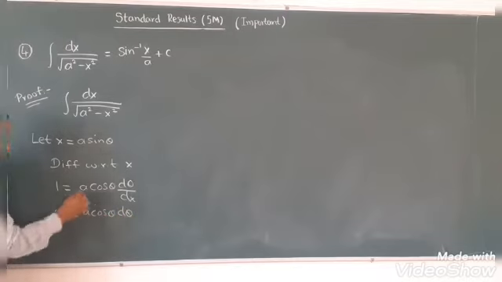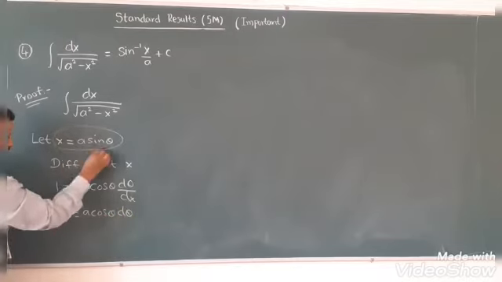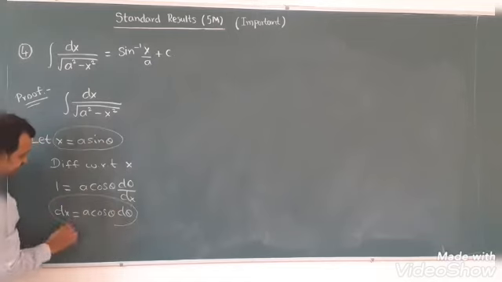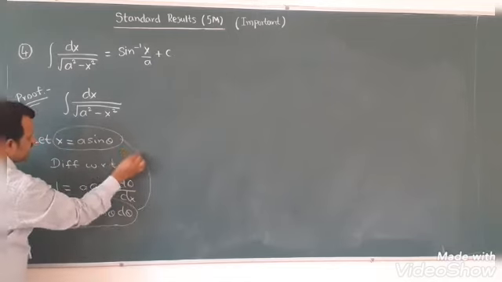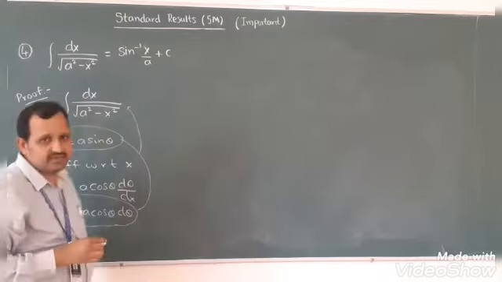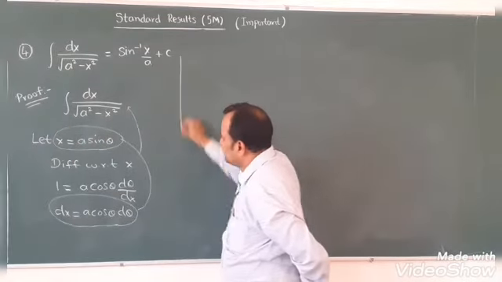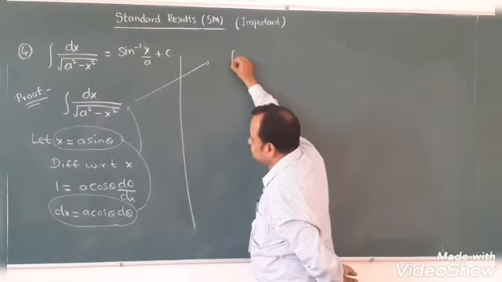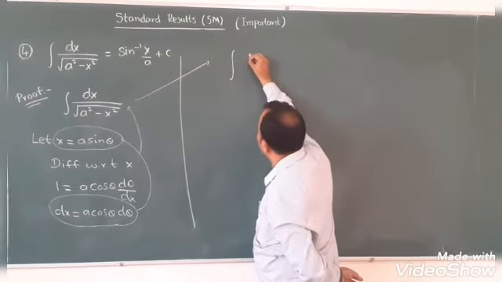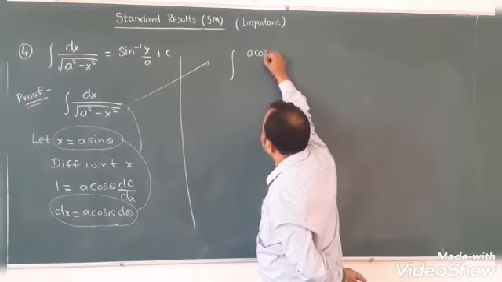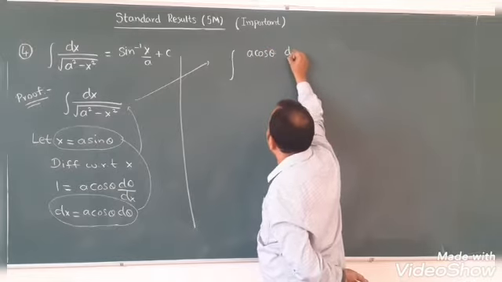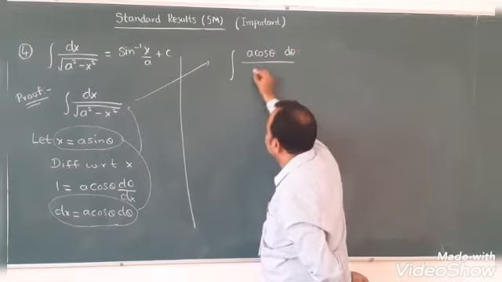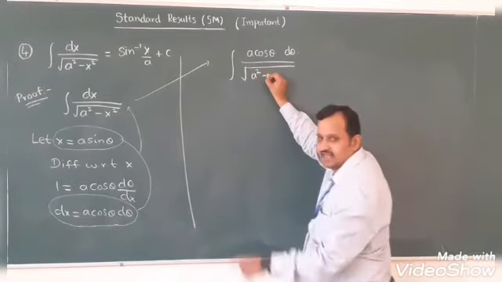So what I am doing here is this value of x and this value of dx I am keeping here. Put the value here. So dx is nothing but a cos theta d theta divided by square root of a square minus x square.